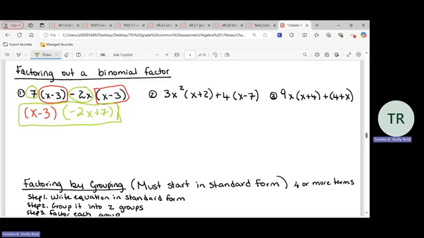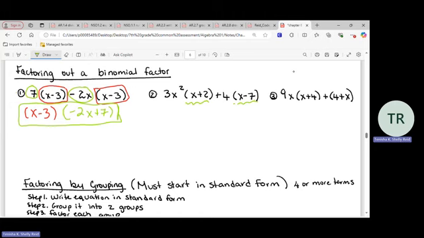That was weird, huh? Let's try it again. I have 3x^2 times (x + 2) plus 4 times (x - 7). So I want to look. These have to match. The binomials have to match in order for you to factor it out. The (x + 2) and the (x - 7) do not match.